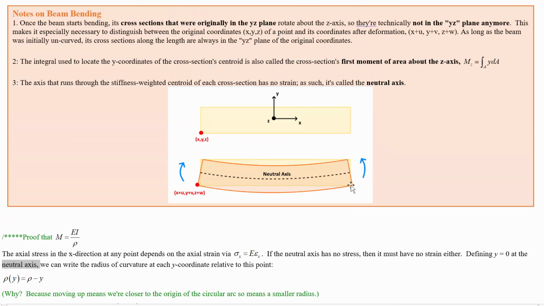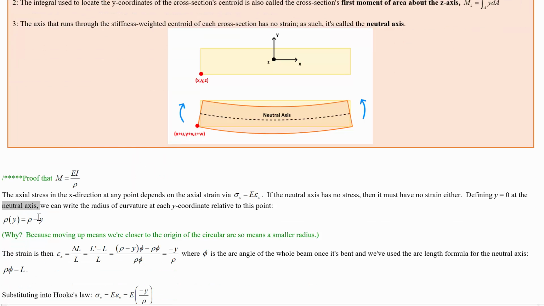Then the radius at some point y a distance above that, where y is a local coordinate that stays perpendicular to the neutral axis even though the neutral axis is bending, is decreased by y. So it's just rho minus y. If you were to go to a negative y, then the radius is increasing that way. That's why the radius at a position y is rho minus y.